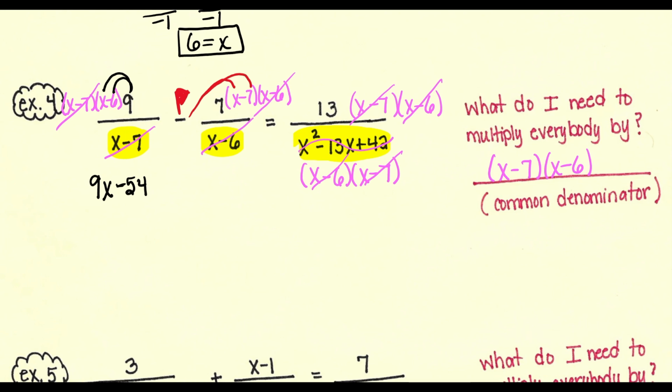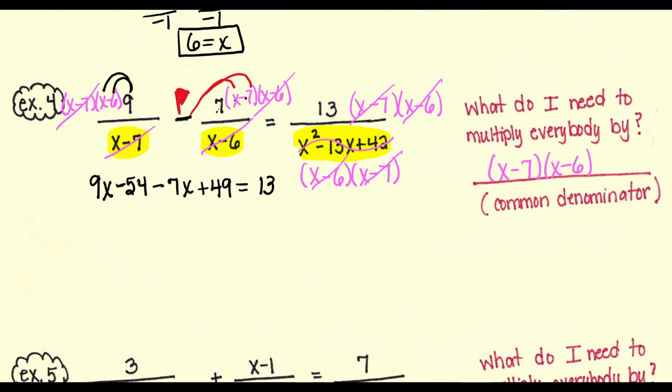So in fact, that becomes negative 7 times x, which is negative 7x. Negative 7 times negative 7 is positive 49, is equal to, and then all I have left right here is just a 13.